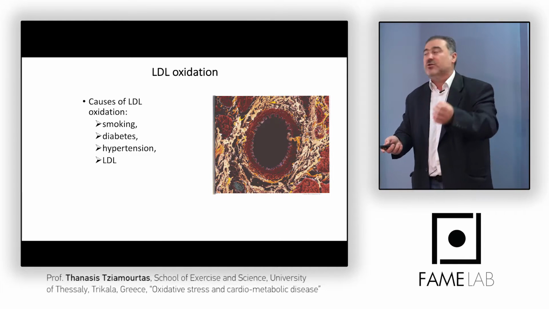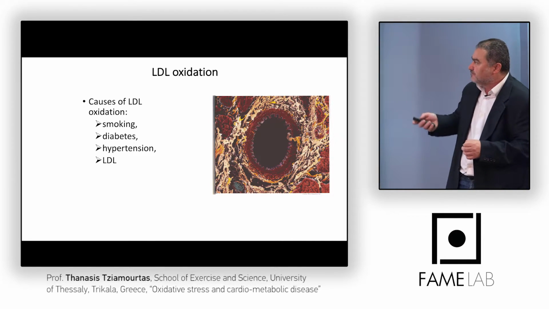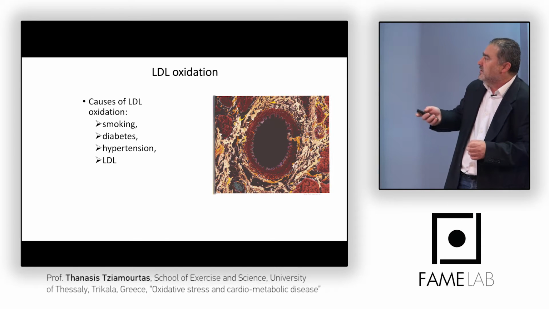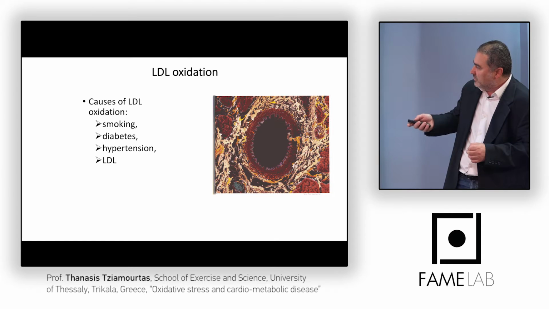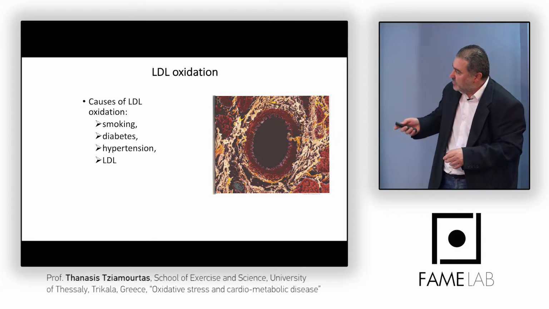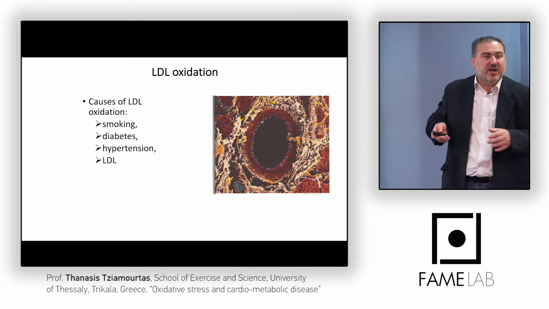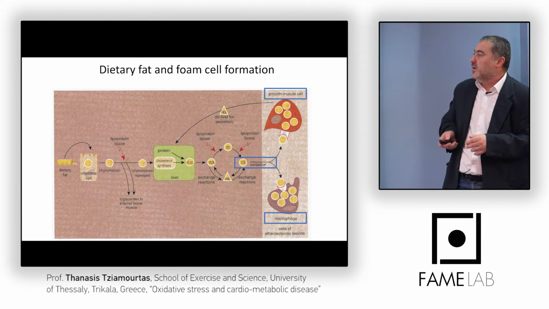Here on the right part of this slide, we see an artery that is unblocked, a clear artery. We see the lumen of the artery, how good it is, and blood flow can get through here.